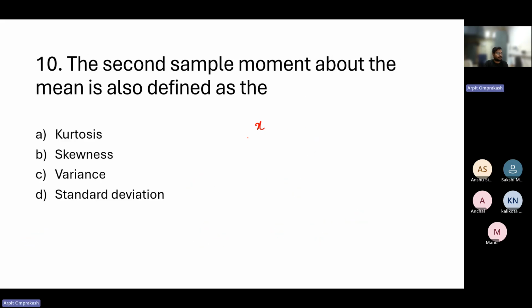Let's say we are using x now: x minus x bar whole square, sum of this, M2 dash, divided by n. So this is basically the formula for the variance. So the second sample moment about the mean is called the variance.